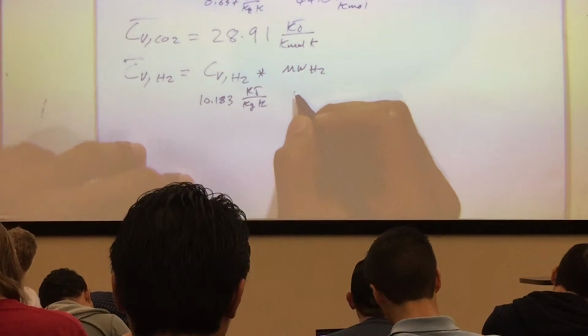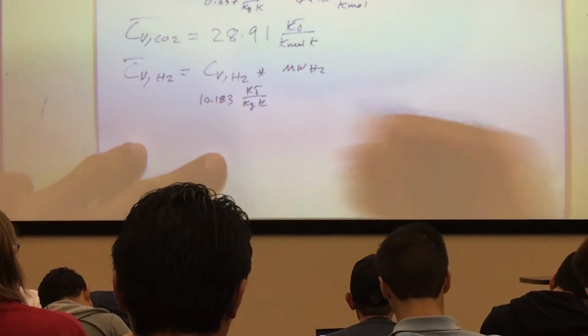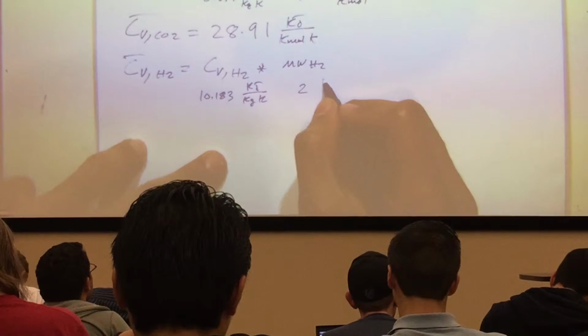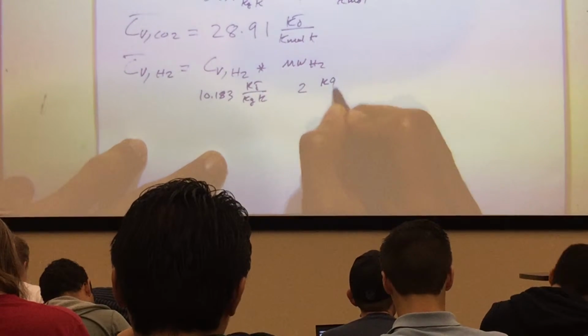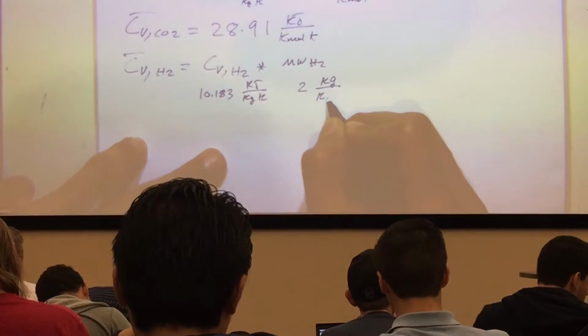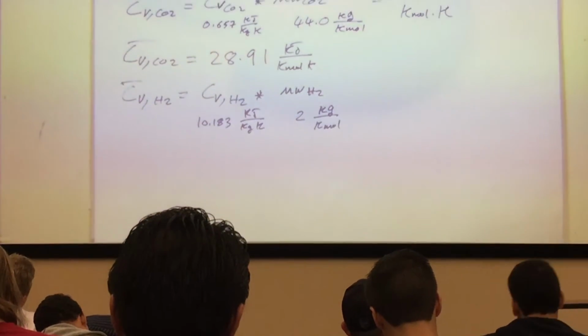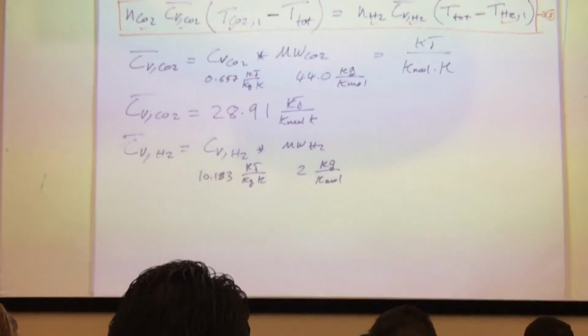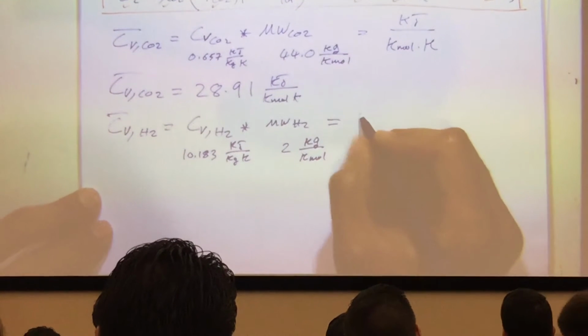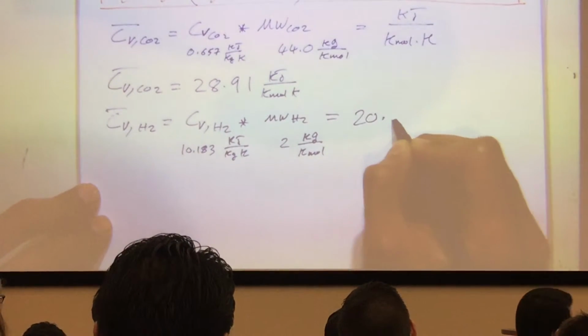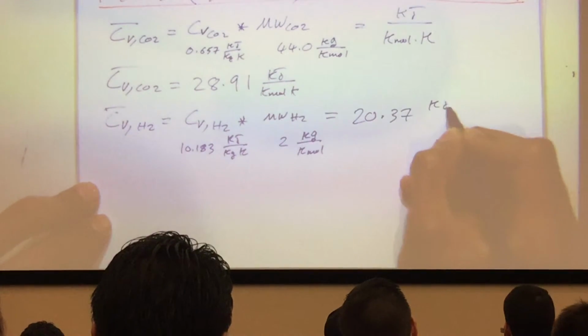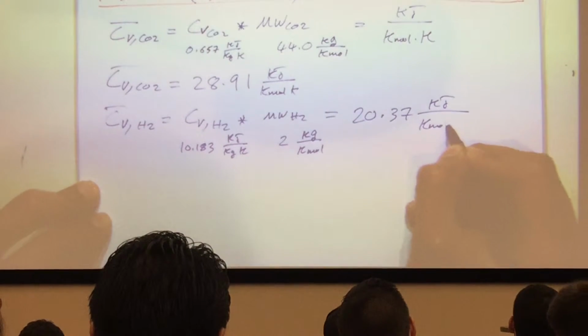It's 1 kilomole per hydrogen, so multiply by 2, so we get 2 kilograms per kilomole. So that's going to equal 20.37 kilojoules per kilomole Kelvin.